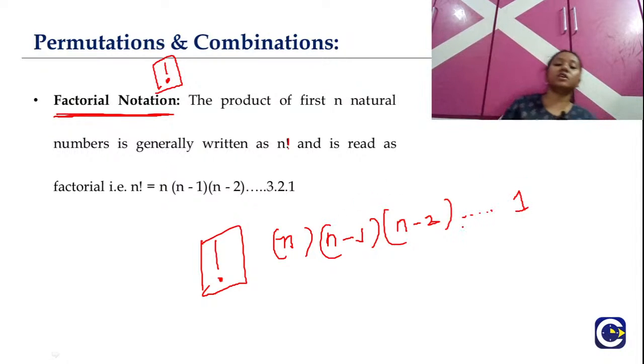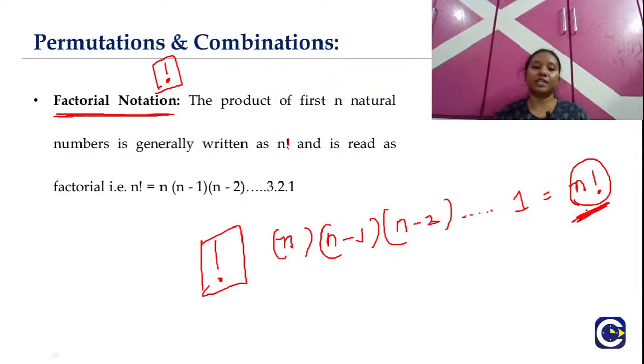So in general, it will be represented or written as n factorial, and we'll be reading that as n factorial. So this is the representation of factorial.